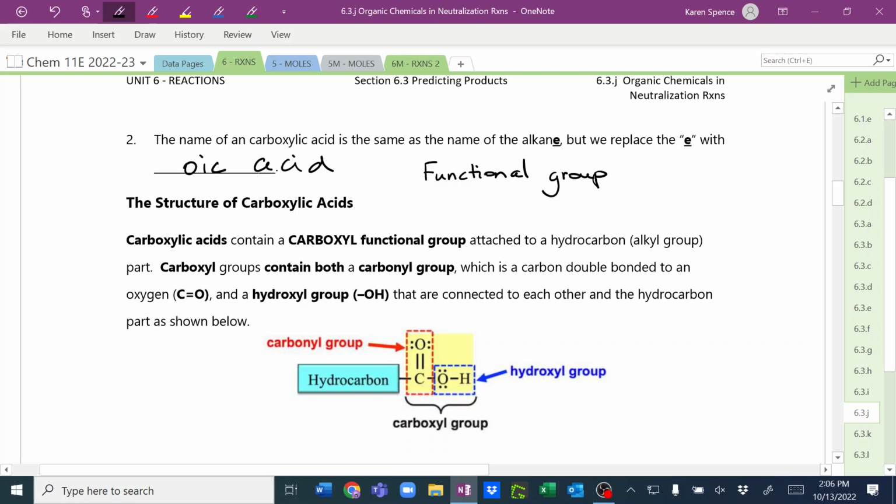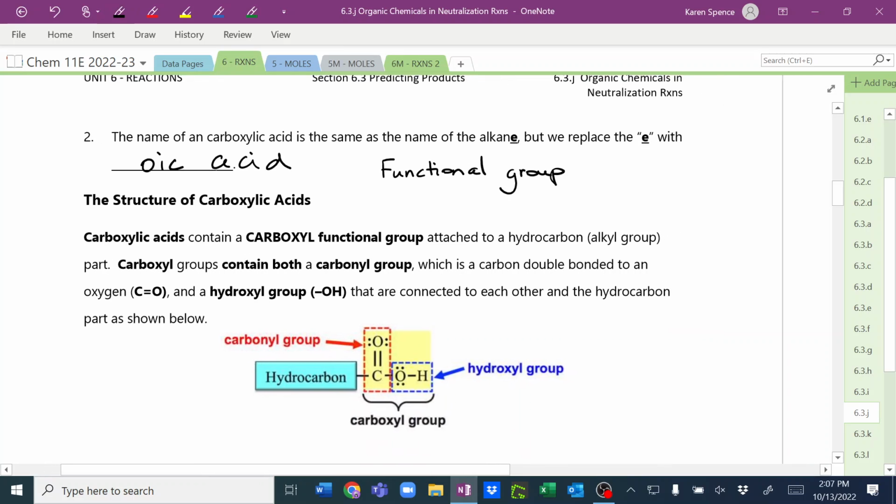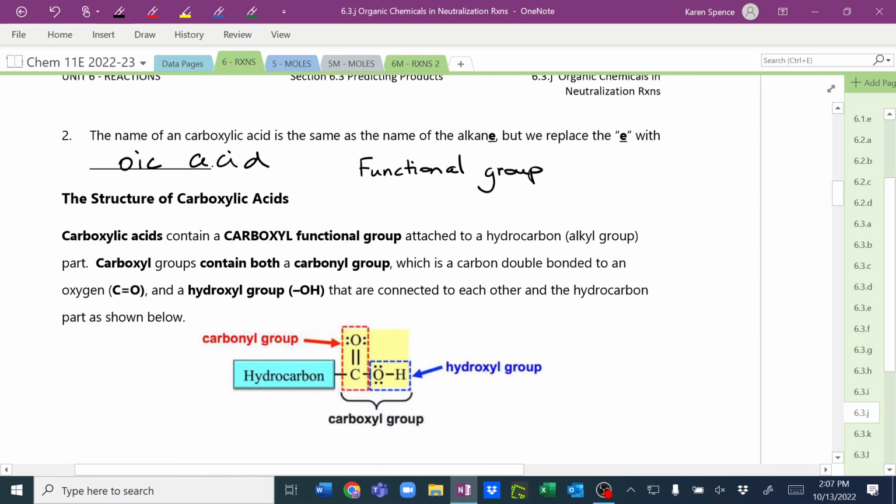Functional groups are specific molecular structures that stick on to organic compounds, okay?